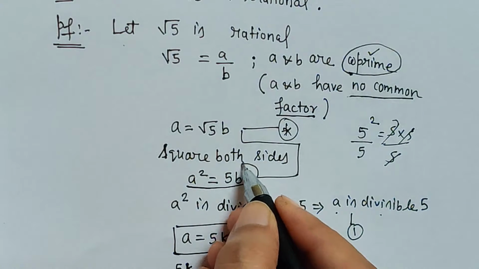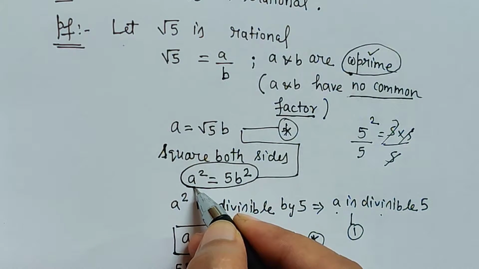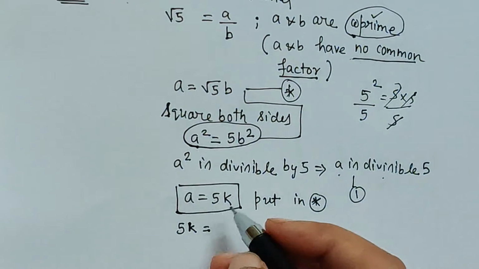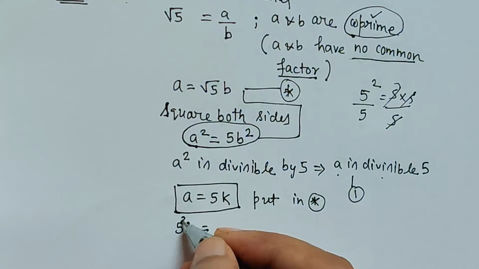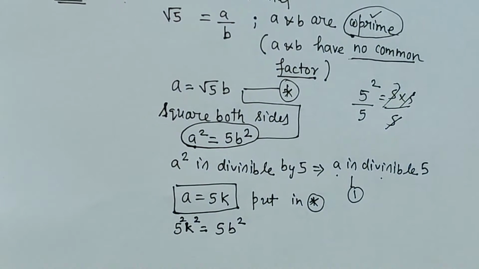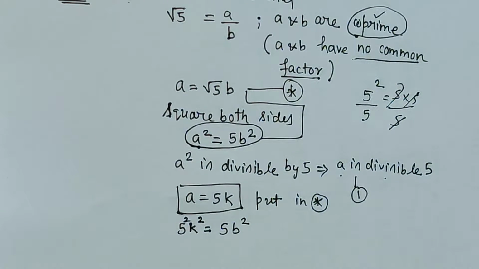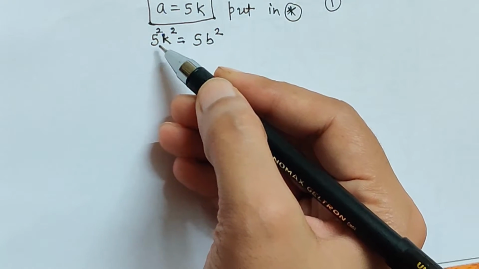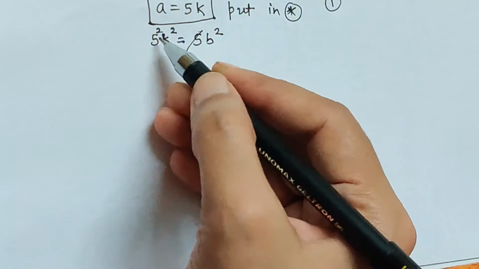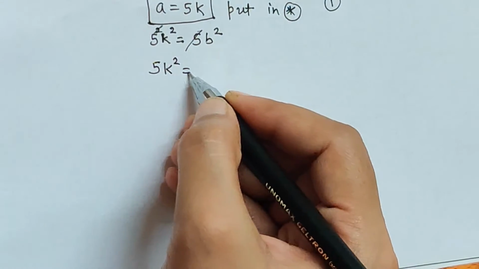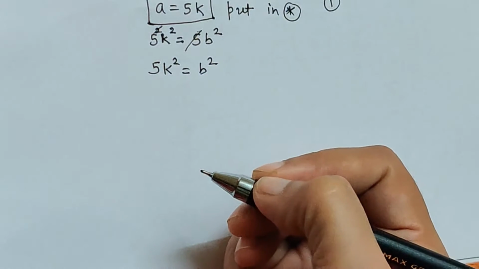So what do we get? We get 5 square k square is equal to 5 b square. Now we can cancel one 5 from here with this 5, and we are left with k square is equal to b square... wait, precisely, 5 k square is equal to b square.